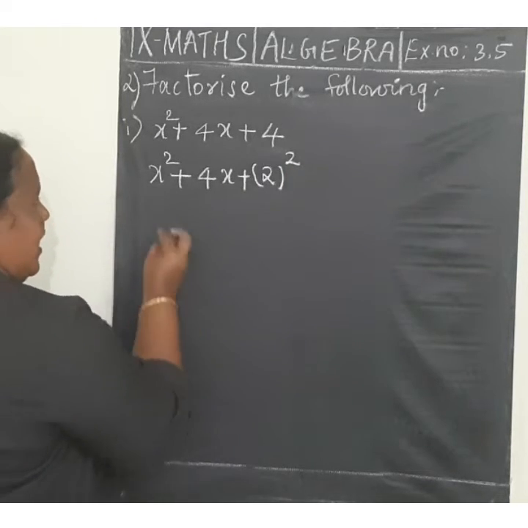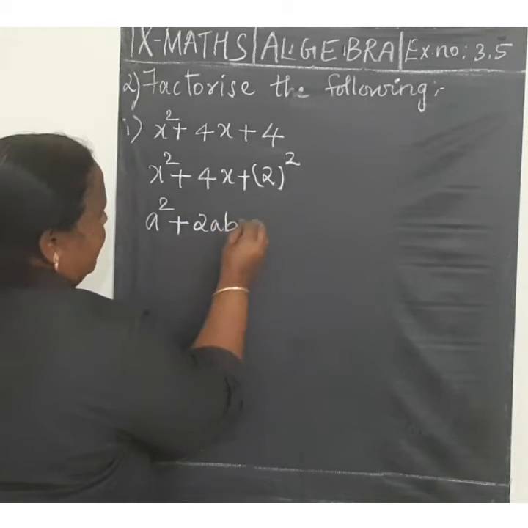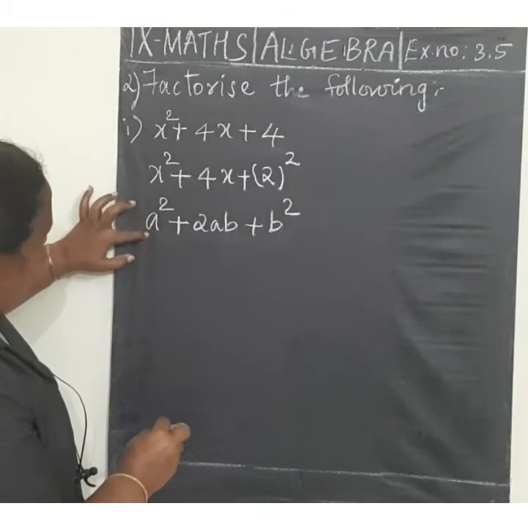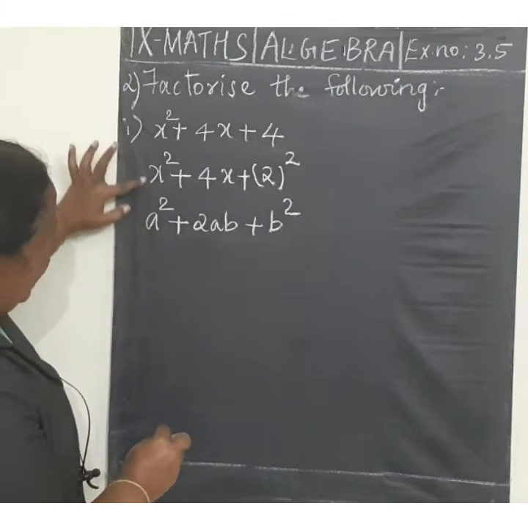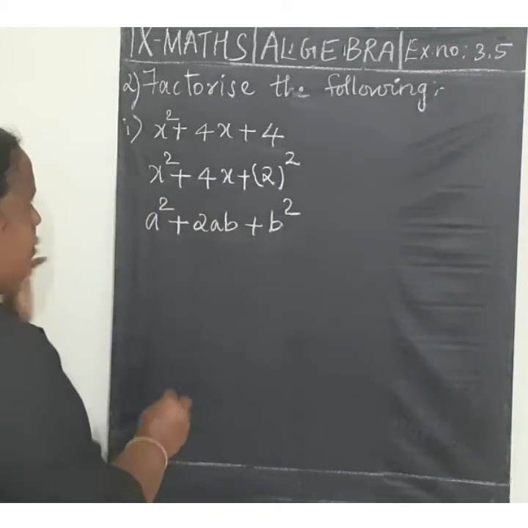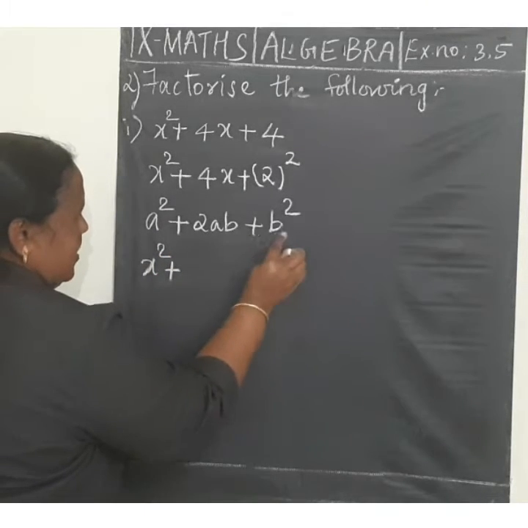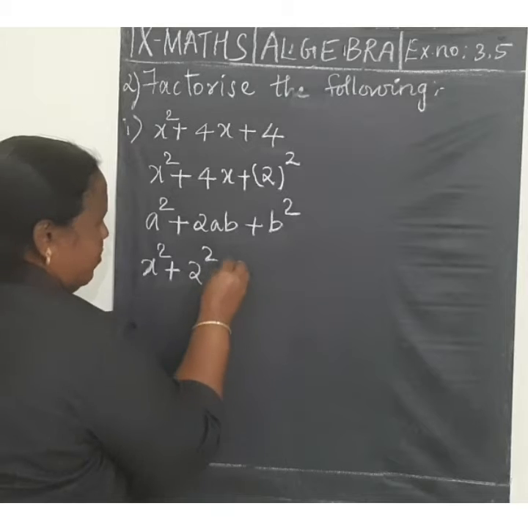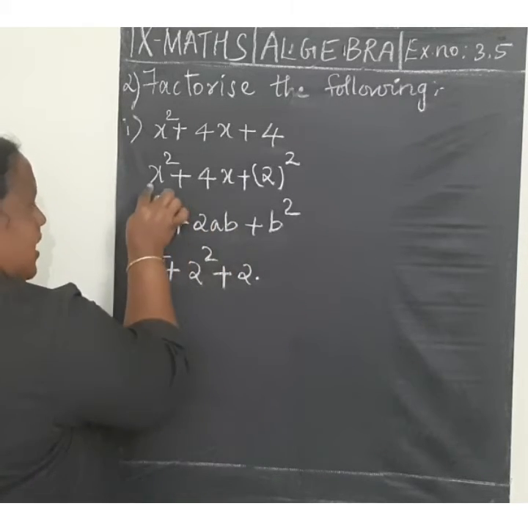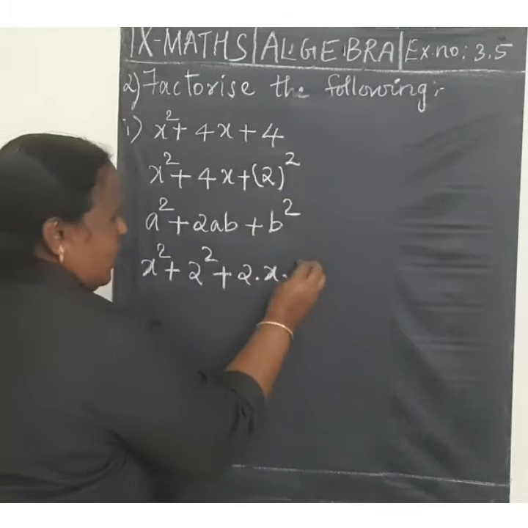So we can use the identity a square plus 2ab plus b square. Now we have a square here, a as x, b as 2. So we have to find this 2ab. x square plus b square, this 2 square, plus 2ab, 2 into a as x into b as 2.